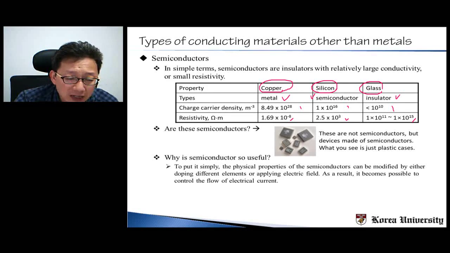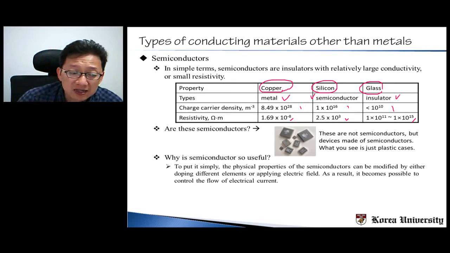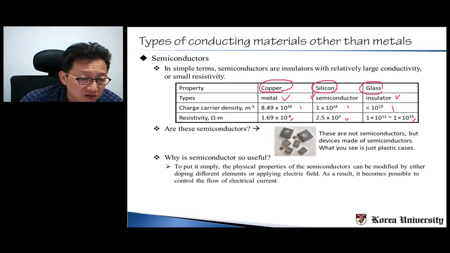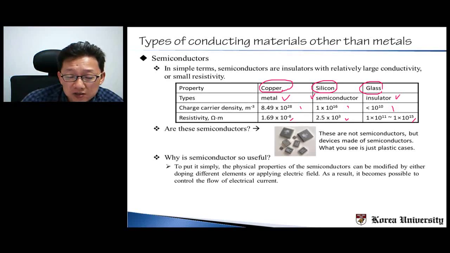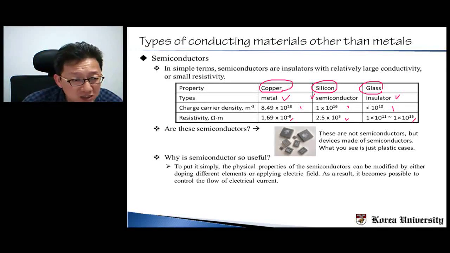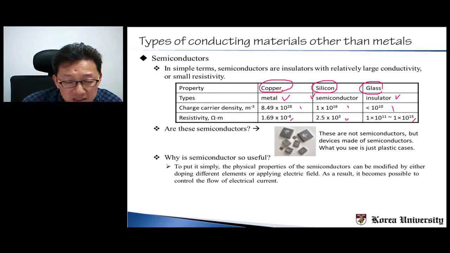Why is a semiconductor so useful? If anybody asks you, a semiconductor simply means a bad insulator, right? The reason is that whenever you want to form a circuit, you want to have a conductor and an insulator in order to make the current flow in a certain direction.